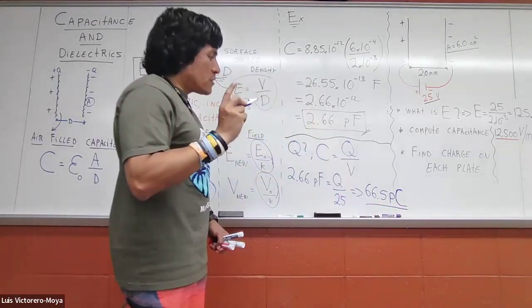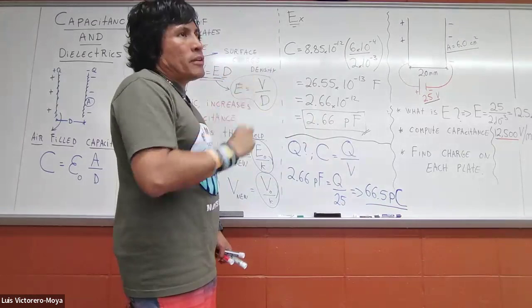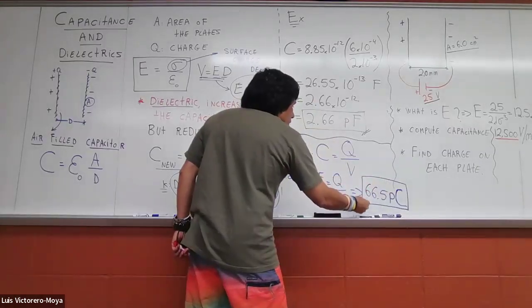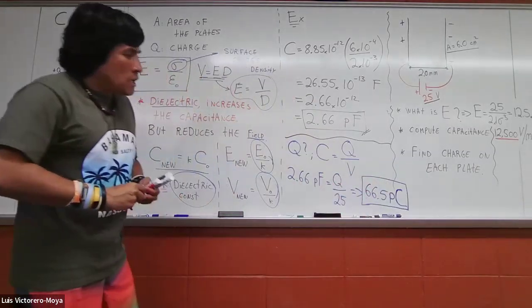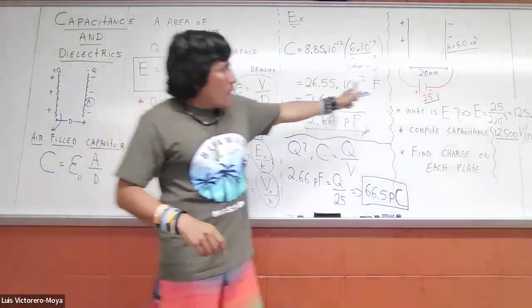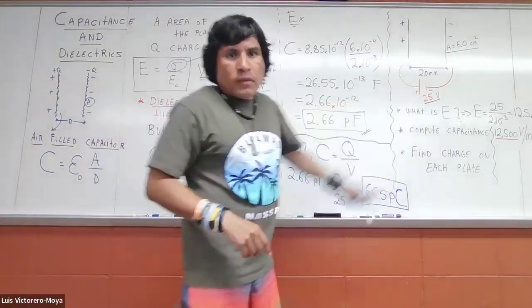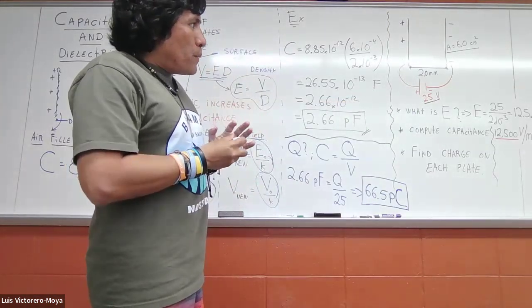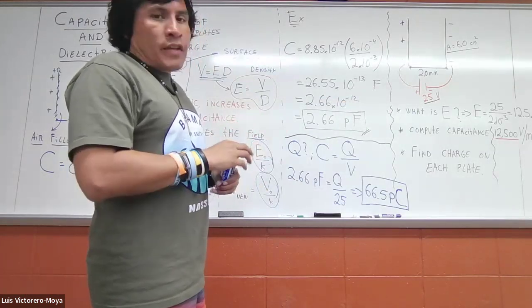Not just coulomb, but picocoulomb, 10 to the negative 12 coulomb. So that is how you find the charge. This is the capacitance, and that was the electric field. Okay? So that's pretty much how you use these equations.